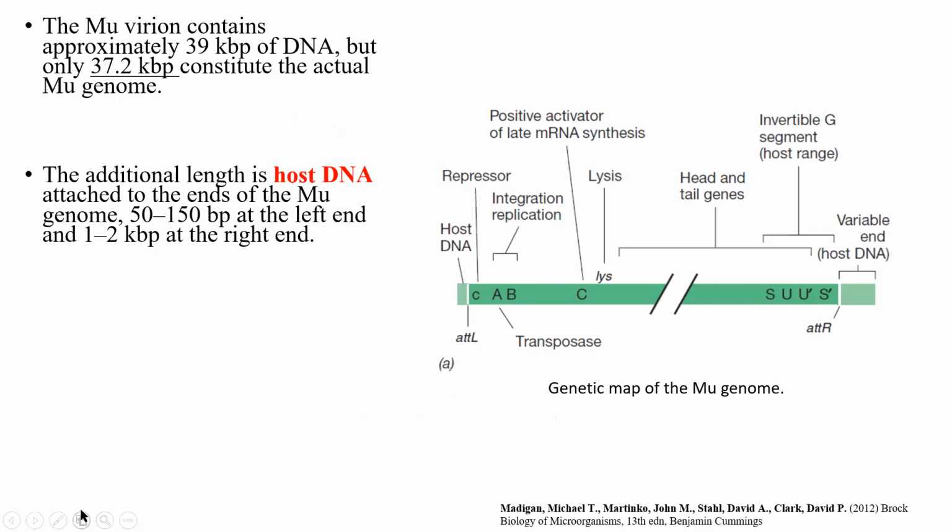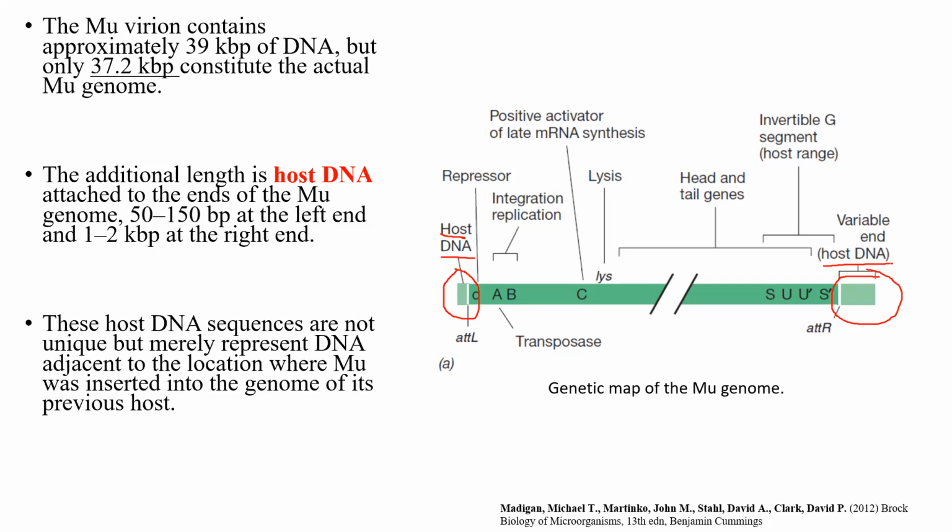The additional length is the host DNA attached to the ends of the mu genome, 150 base pairs at the left end and 1 to 2 kilobase pairs at the right end. So the mu genome is 37.2 kbp, and flanking both sides, left end and right end, there is host DNA, making the total length 39 kbp.